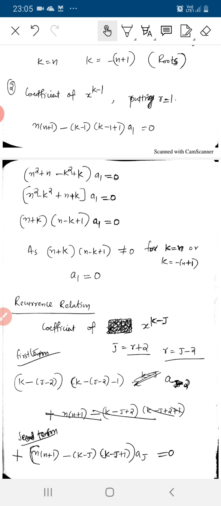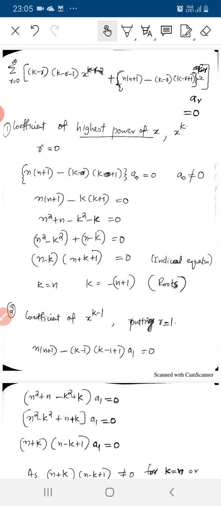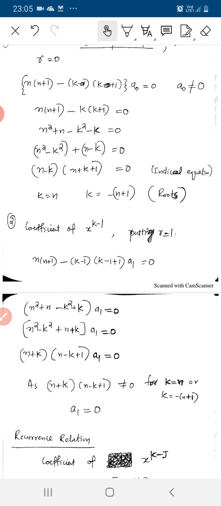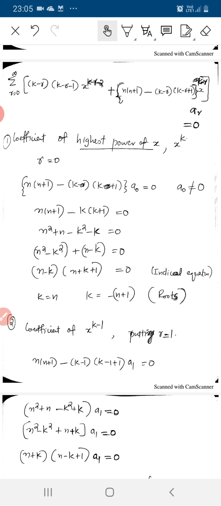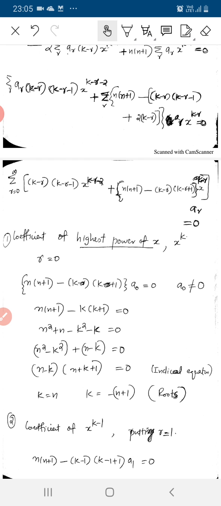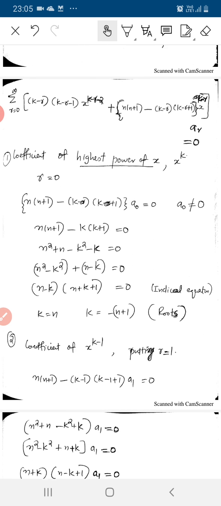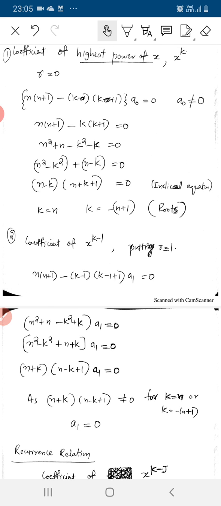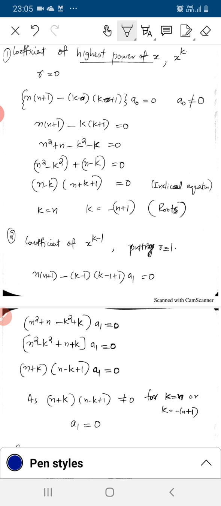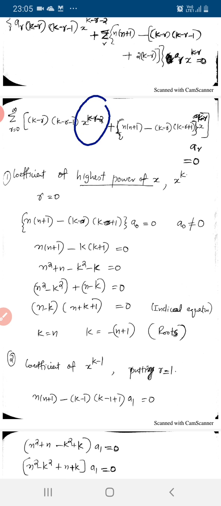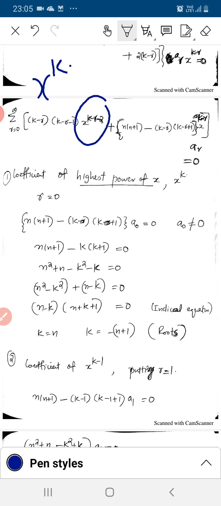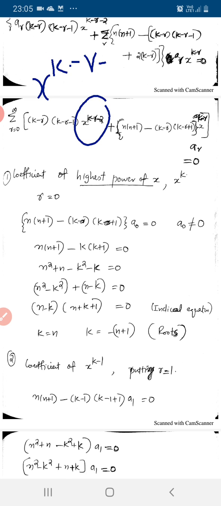putting r plus 2 equal to j. Here we have x to the power k minus r minus 2.